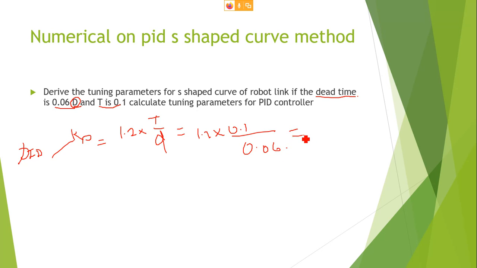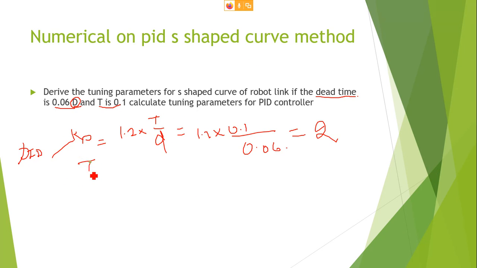What is the value? 0.1 divided by 0.06 will become 1.66, sir. 1.66 into 1.2 will become 2, if I am not wrong. So Kp is 2 in this case.